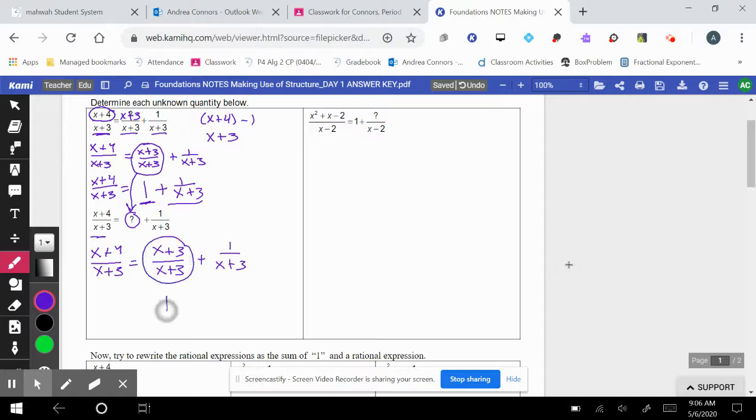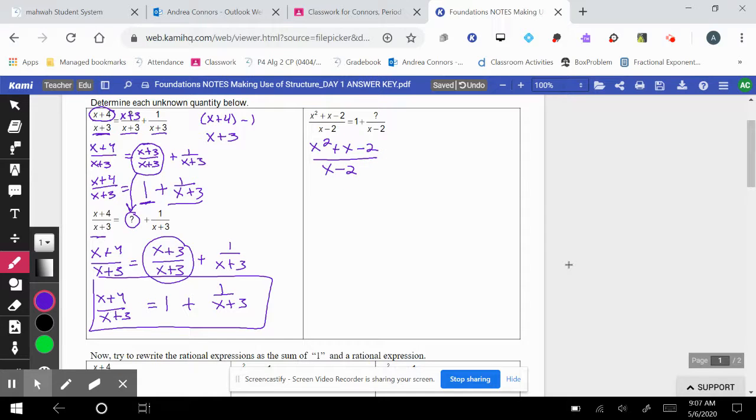And that just becomes your 1. So you're going to be writing all of these as a sum of 1 and a rational expression. So over here, the key thing when you do these, you have your nice little equation. You know it's a sum of 1 and a rational expression.